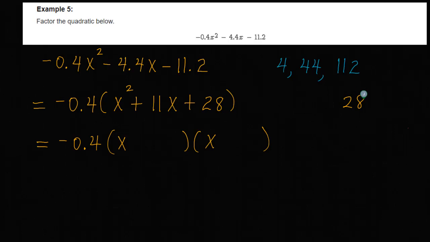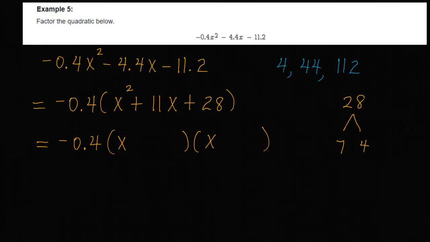Let's try the following combination: 7 and 4. Let's see if this works. If we multiply 7 times 4, that's equal to 28. So far so good. If we add 7 and 4, that's equal to 11. Alright, so we found our combination. We were lucky. So we're going to use 7 and 4.